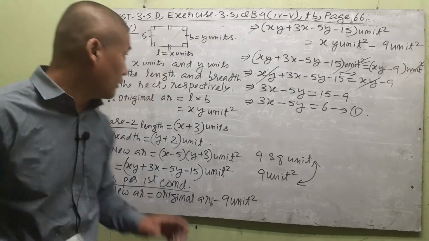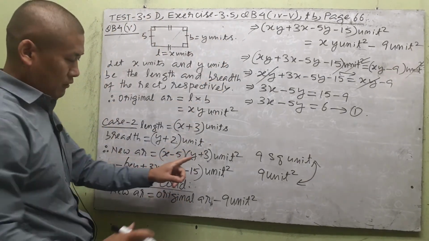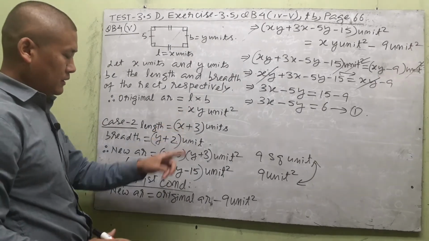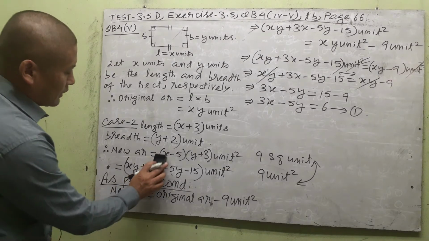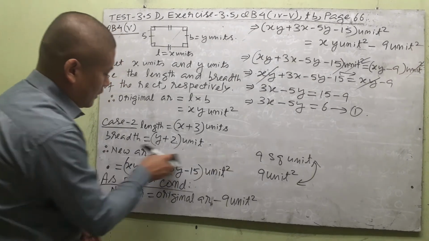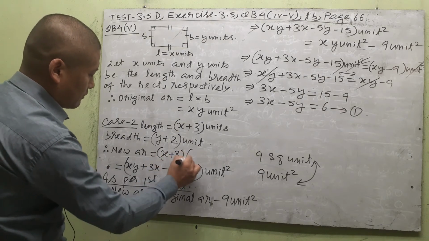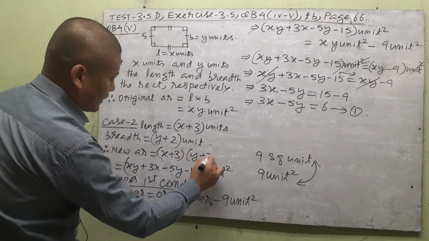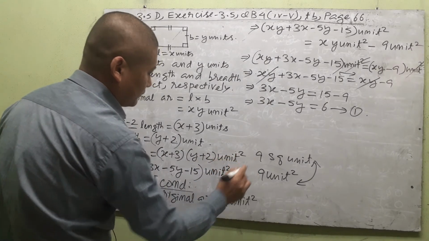Obviously you're increasing the length a little bit, breadth a little bit, so this new area will be now greater than the original. Previously it was smaller, right? So the new area will be length into breadth. So here we have length is x plus 3 and breadth is y plus 2, and area is two-dimensional, so unit square.